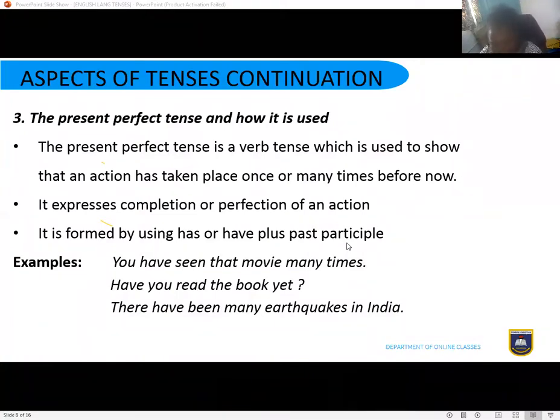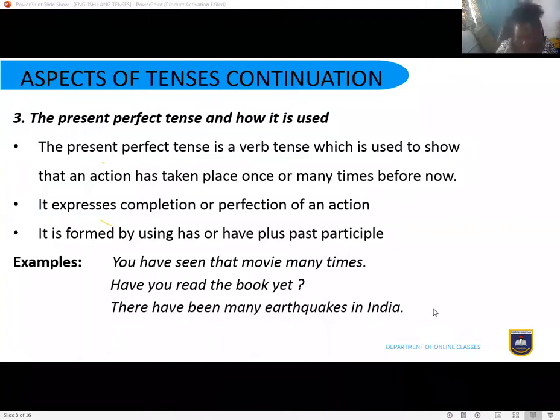The present perfect tense is a verb tense which is used to show that an action has taken place once or many times before now.